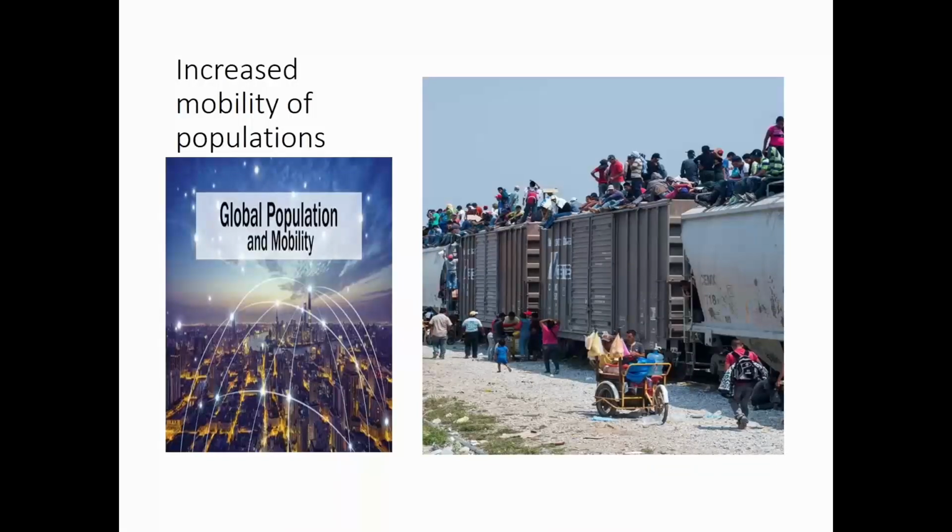Looking at such scenarios, we see people moving from one place to another within the same locality or across borders and oceans. People move. Remember, these people who are moving are potential hosts for parasites.